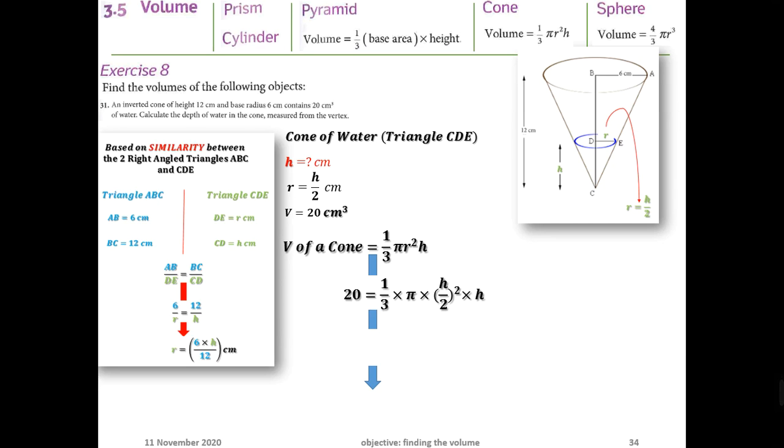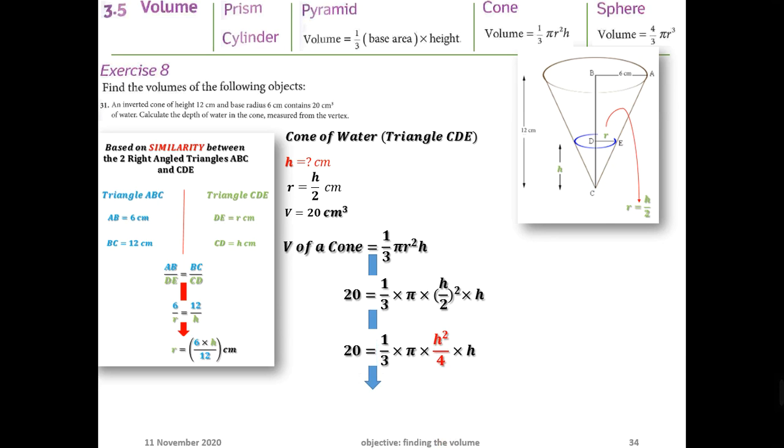But in here, since we wrote R in terms of H, and then we substituted the expression of R in this equation, we have one unknown, which is H, one equation, and we can solve it and find H.